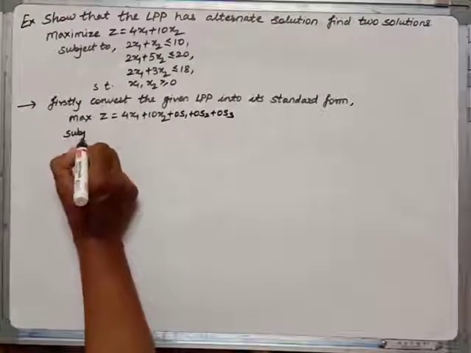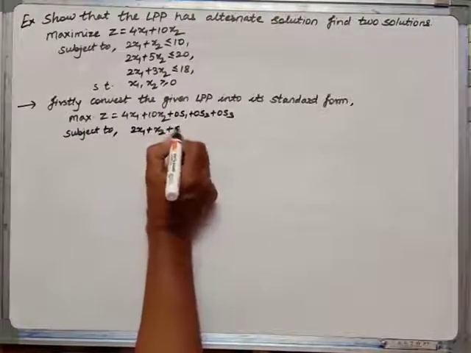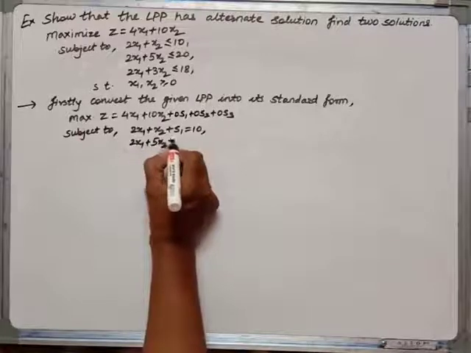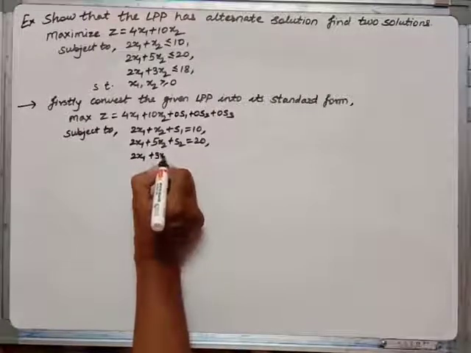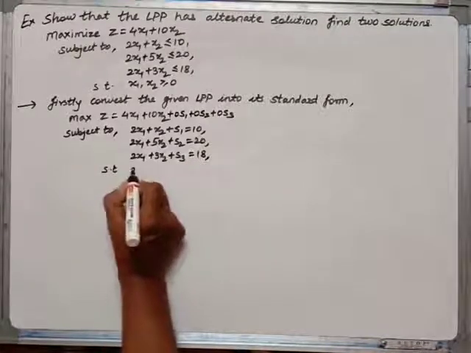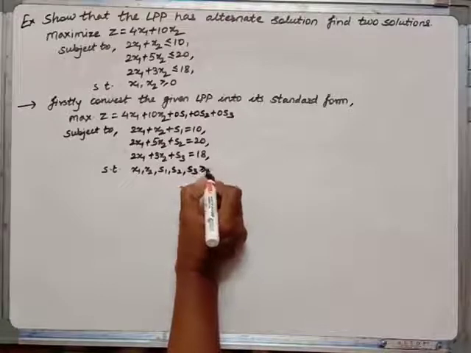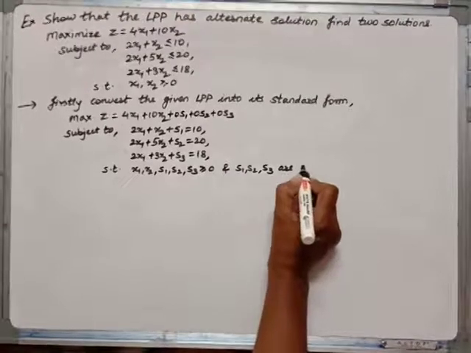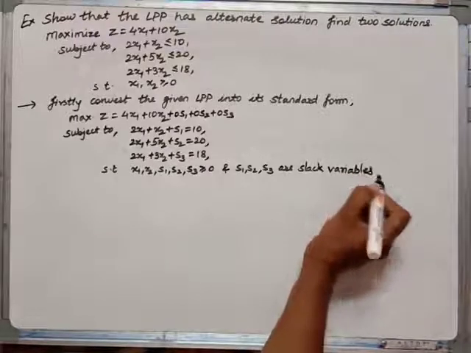Subject to 2x1 plus x2 plus s1 equal to 10, 2x1 plus 5x2 plus s2 equal to 20, 2x1 plus 3x2 plus s3 equal to 18 such that x1, x2, s1, s2, s3 all are greater equal 0 and s1, s2, s3 are slack variables.